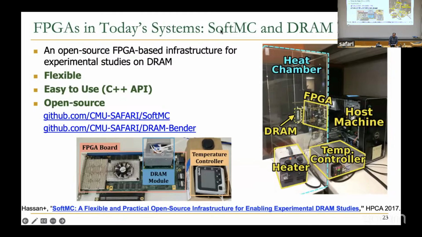In our group, we have developed a system that in the past we were calling SoftMC, but we extended it much more and improved it, and now the name is DRAM Bender. Ataberk is the leader for this project, so that's why he's also your head TA in these labs. This is an open source FPGA-based infrastructure for experimental studies on DRAM.